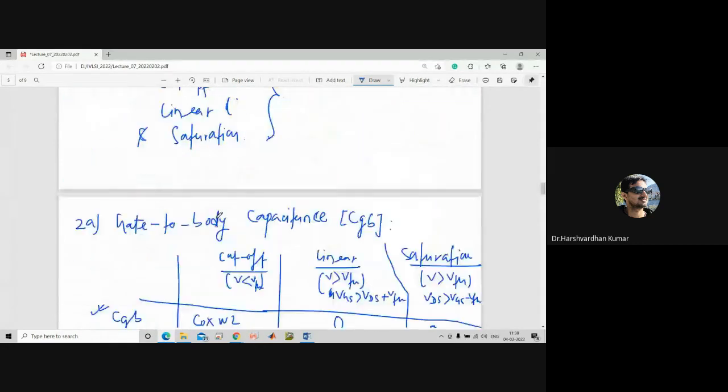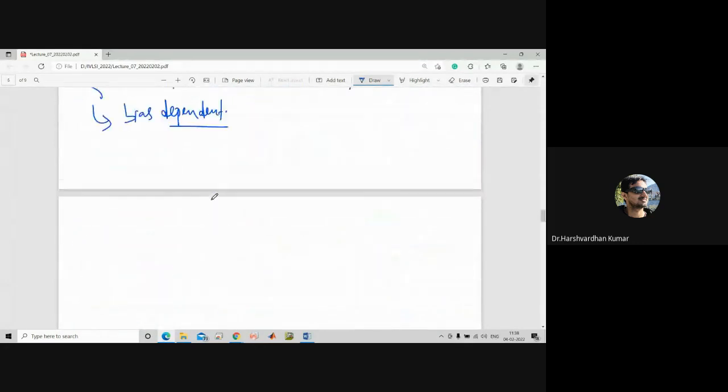So let us draw the structure once again, so you can understand. That third capacitance is known as the parasitic capacitance, or you can say overlapping capacitance.